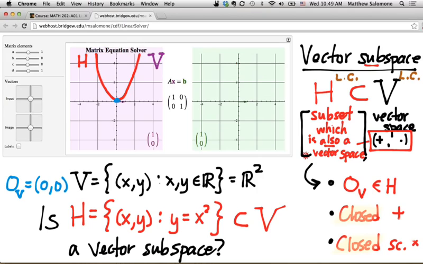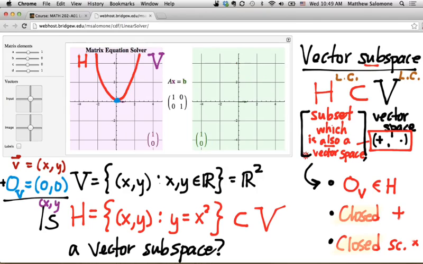But what is it really that makes this a zero vector? What makes it a zero vector is that it's the additive identity in our vector space. In other words, for any other vector that I have, let's call it v equals x comma y, if I add the zero vector to it, what happens? Nothing. Exactly.